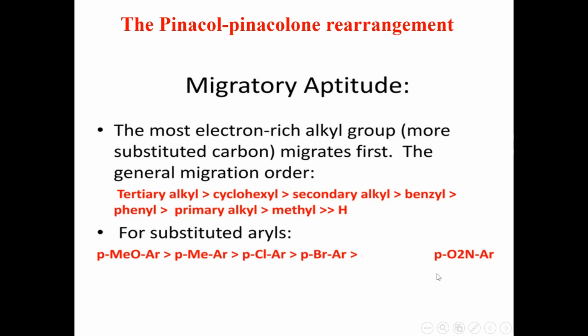However, which group should shift is pre-decided by which group is protonated. Which OH group is protonated? If I take a vicinal diol like this, in which one carbon is attached with anisyl, another carbon is attached with paranitrophenyl group.